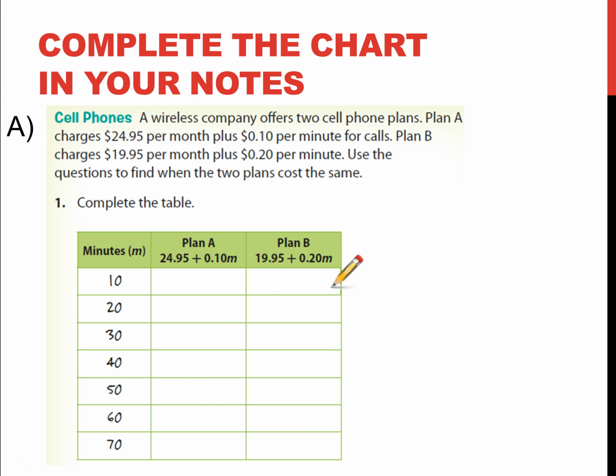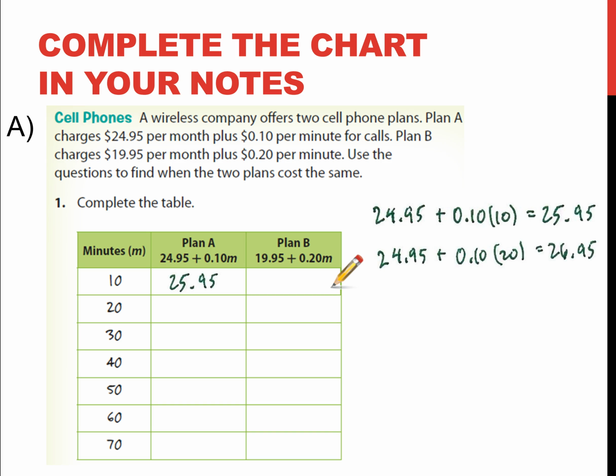All right, so I'm actually going to solve each of these given this chart. I'm going to start by plugging in 10 minutes for plan A: 24.95 plus 0.1 times 10 equals $25.95. I'll do the same thing, increasing the minutes to 20 in the second line, because each of the minute totals increase by 10, all the way down to 70 minutes.